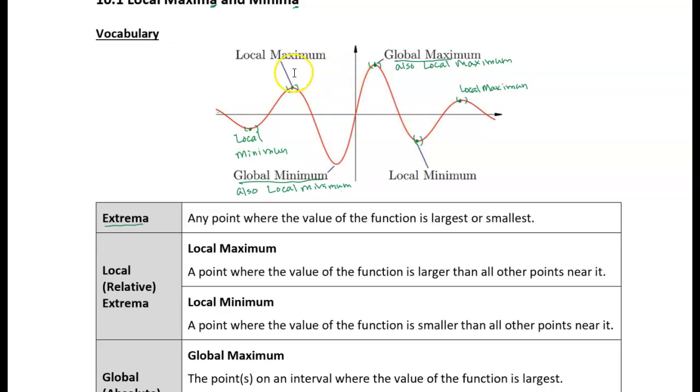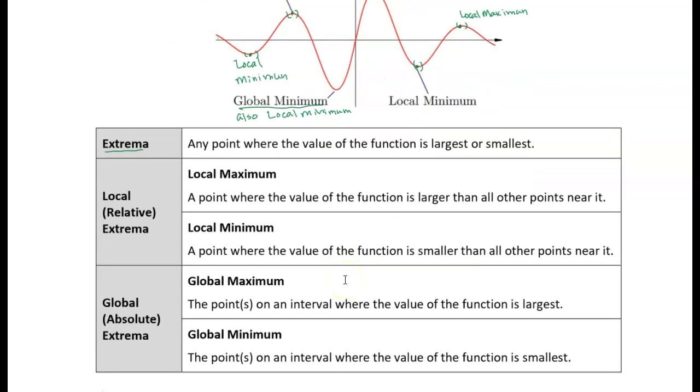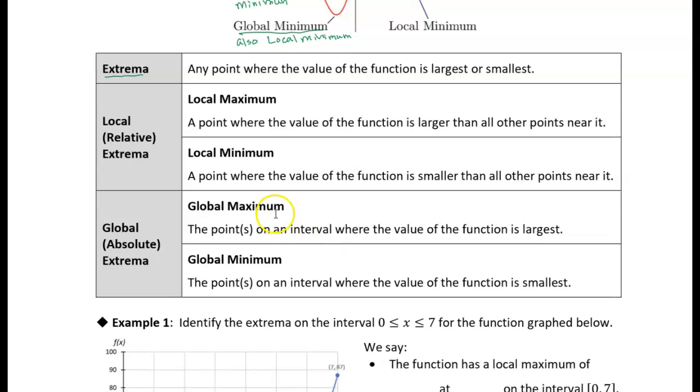We've also got 1, 2, 3 local maxima. So oftentimes there's more than one local maximum or minimum in a function. Now the global or absolute maximum would be the point on an interval that's larger than any other value on that interval.